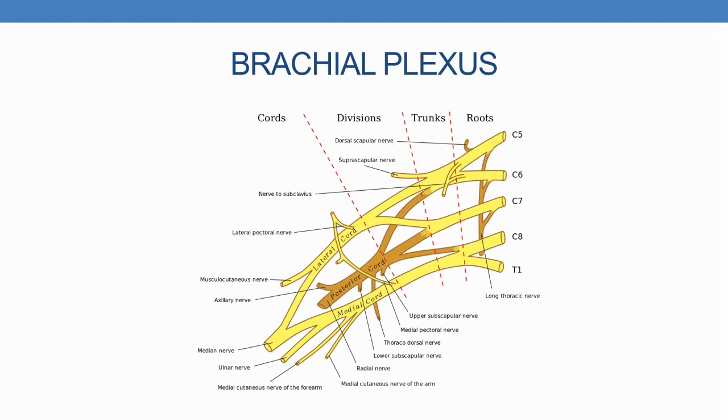The motor neurons have just left the spinal cord through the ventral root, and those two roots, the dorsal and ventral root, have now joined. They're wrapped in the same connective tissue, the epineurium, and that now becomes a nerve root. It's a mixed root. It contains both types of fibers.